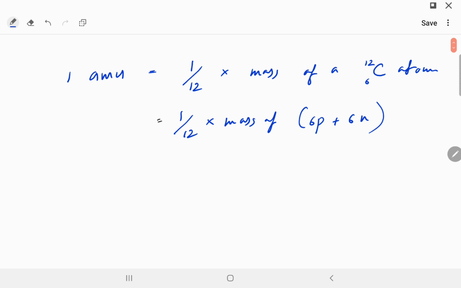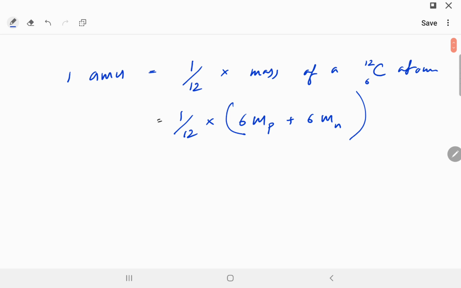Am I correct? Yes, because electrons don't matter. A carbon 12 atom is 6 protons and 6 neutrons, basically, when it comes to mass. So you can rewrite this as 6 times the mass of a proton plus 6 times the mass of a neutron. Are we good? Of course.